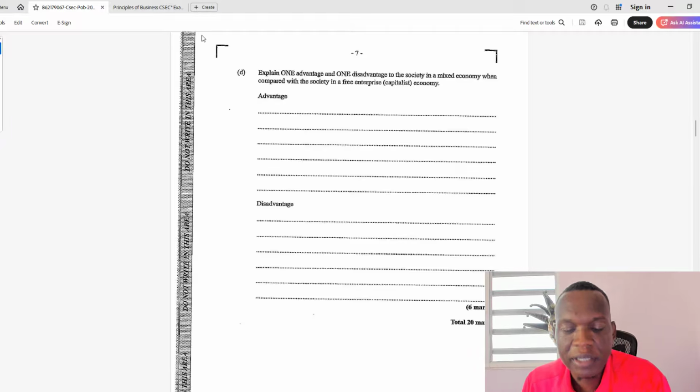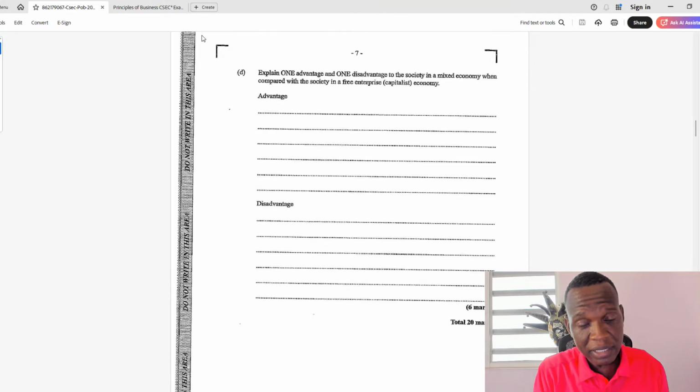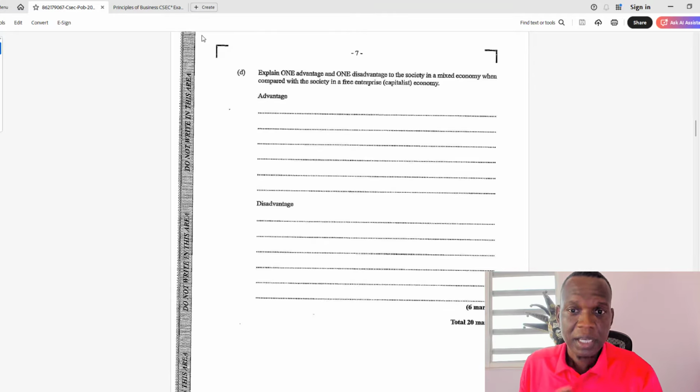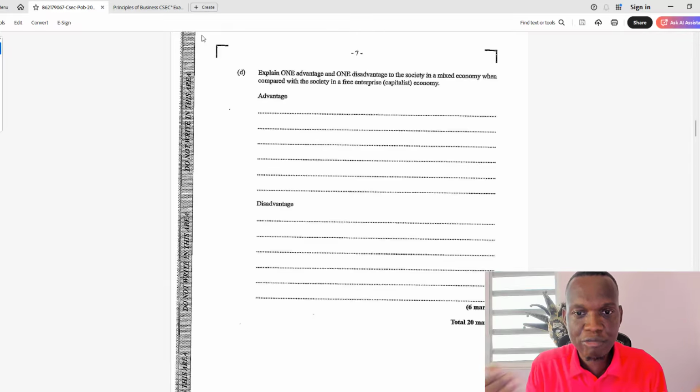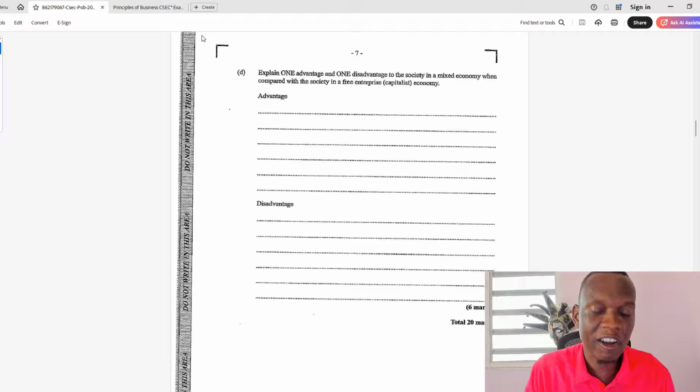So what we must understand is that the mixed economy includes both the government, so the public and the private sector. The capitalist mostly is made up of the private sector. So in a true capitalist system, the government has little to no say in what happens economically. But in the mix, the government has a say.